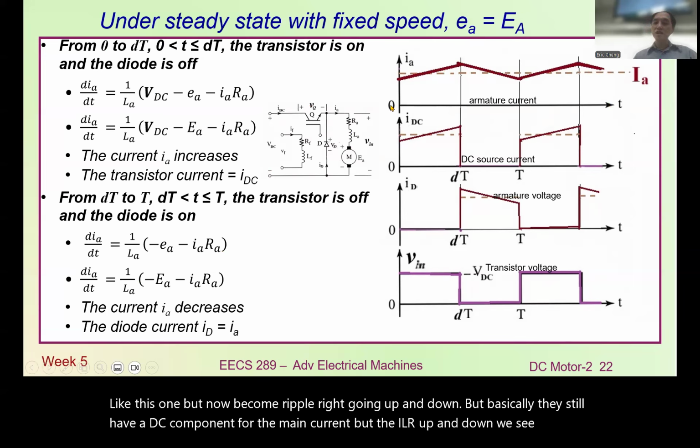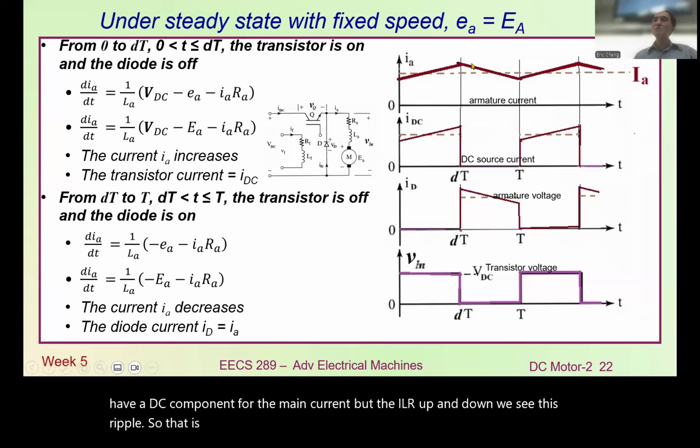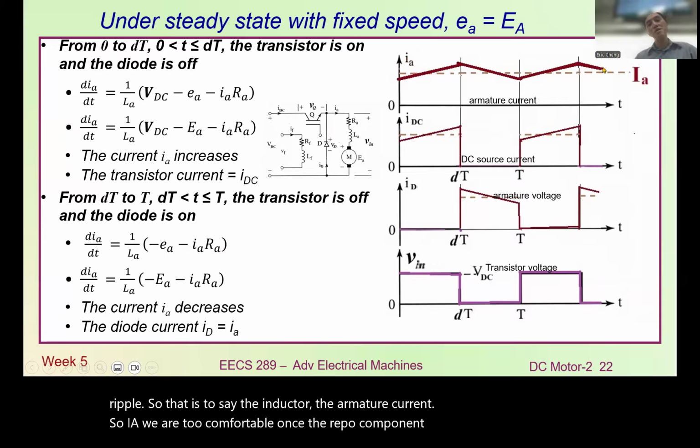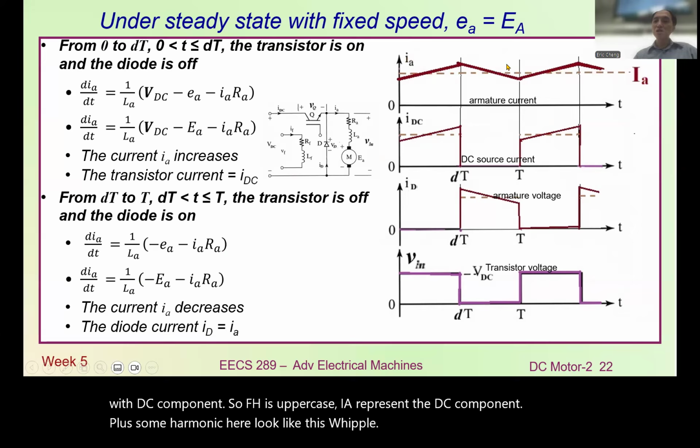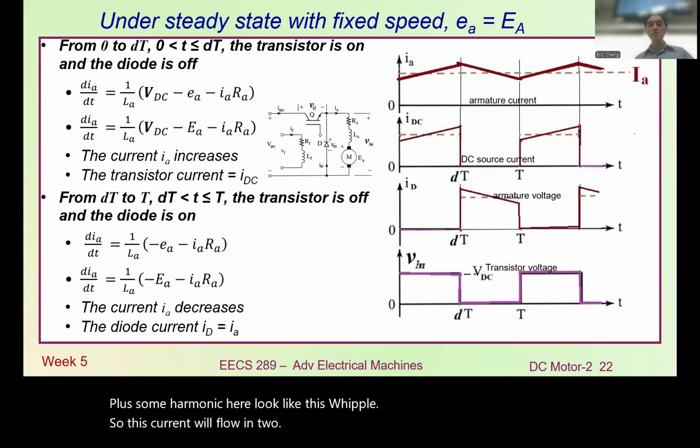So the armature current IA has two components. One is the ripple component, the AC component. The other is the DC component. So uppercase IA represents the average DC component plus some harmonics, which look like this ripple. This current will flow in two mesh loops.